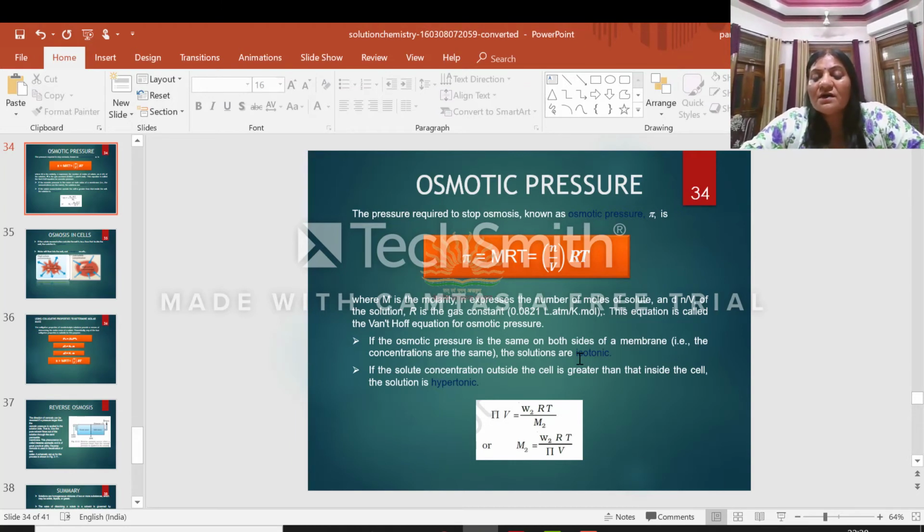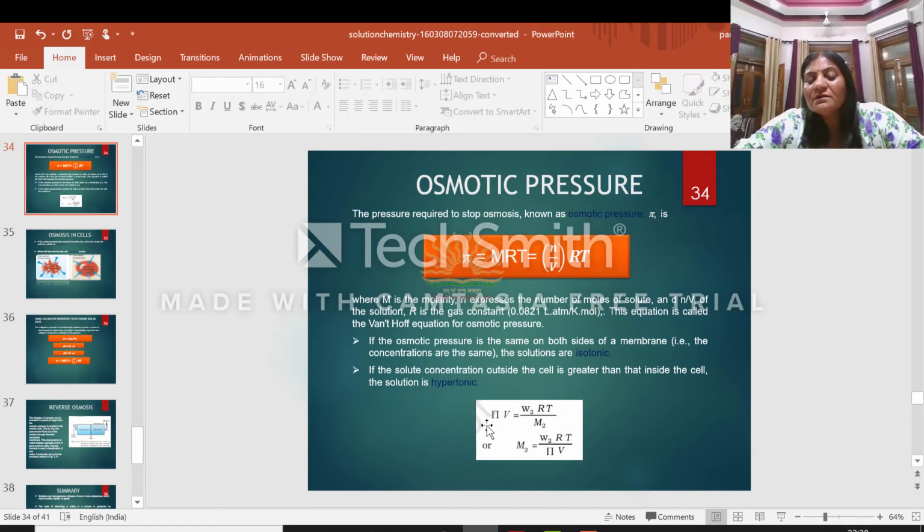Those solutions are called isotonic solutions. If the solute concentration outside the cell is greater than inside the cell, this solution is called hypertonic solution.